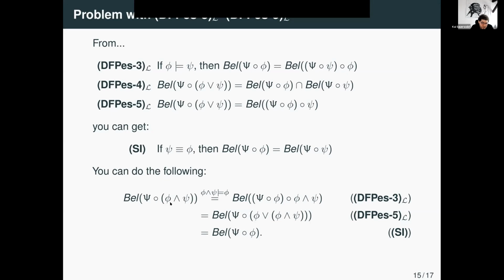So when you have a conjunction, you can throw away one of the conjuncts and get the same result. And of course, you can always put the tautology in here. That explains why you only get this one operator, which does not behave so well.